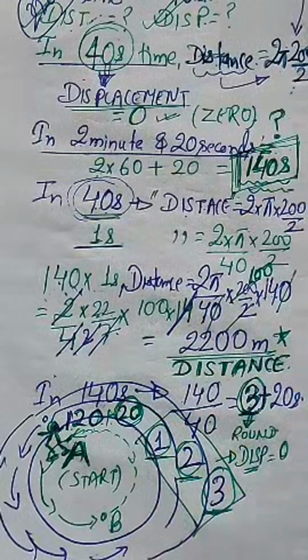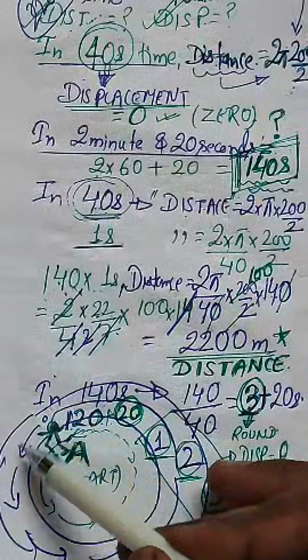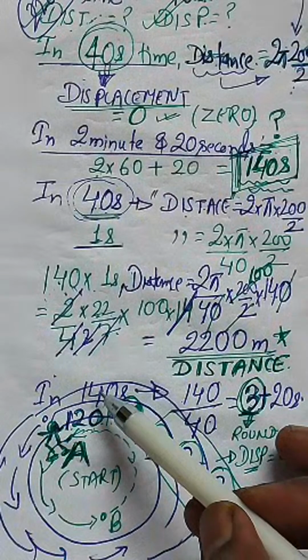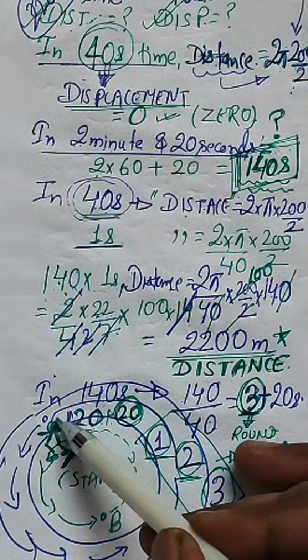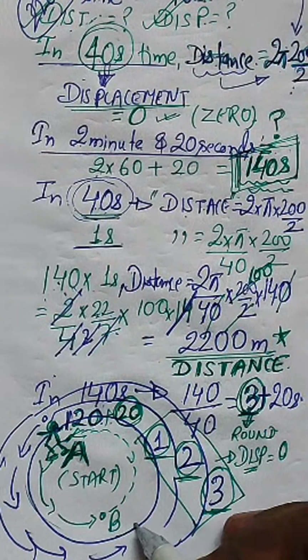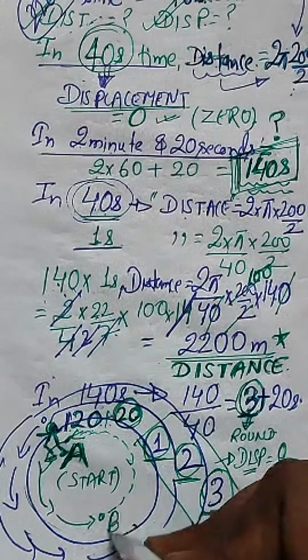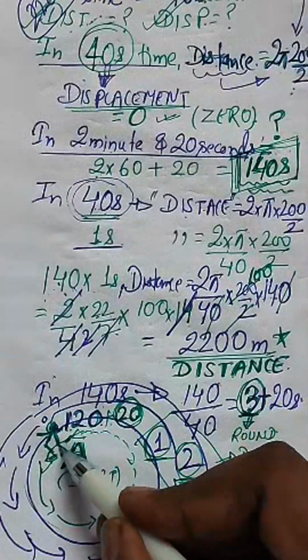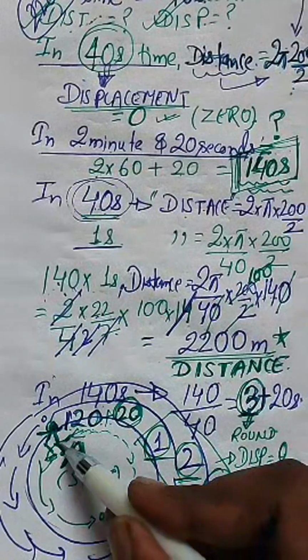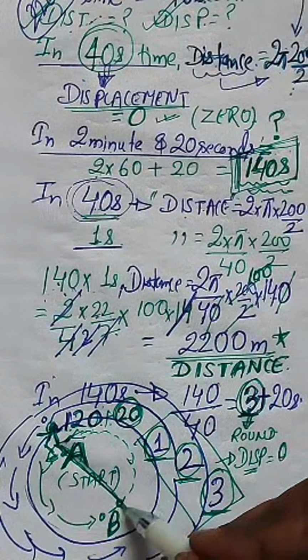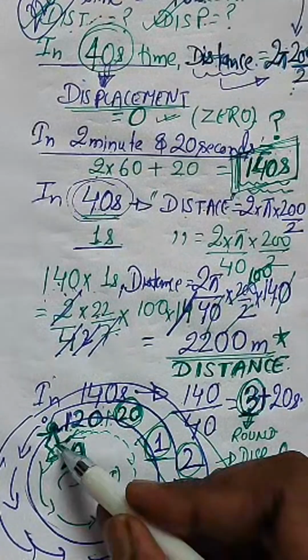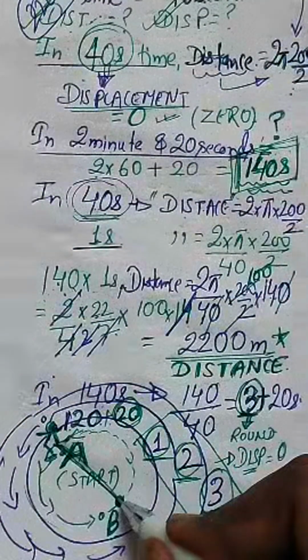So in these 20 seconds, if the athlete is completing 1 round in 40 seconds, then definitely in 20 seconds he will complete half a round, right? So the position of the athlete will be at B. That is, when you just draw the diameter, he'll be standing at the distance of a diameter.